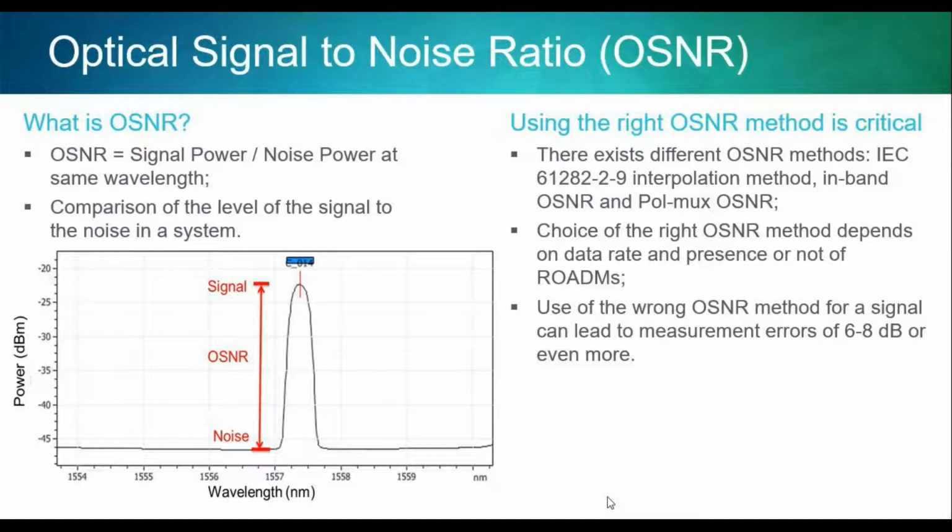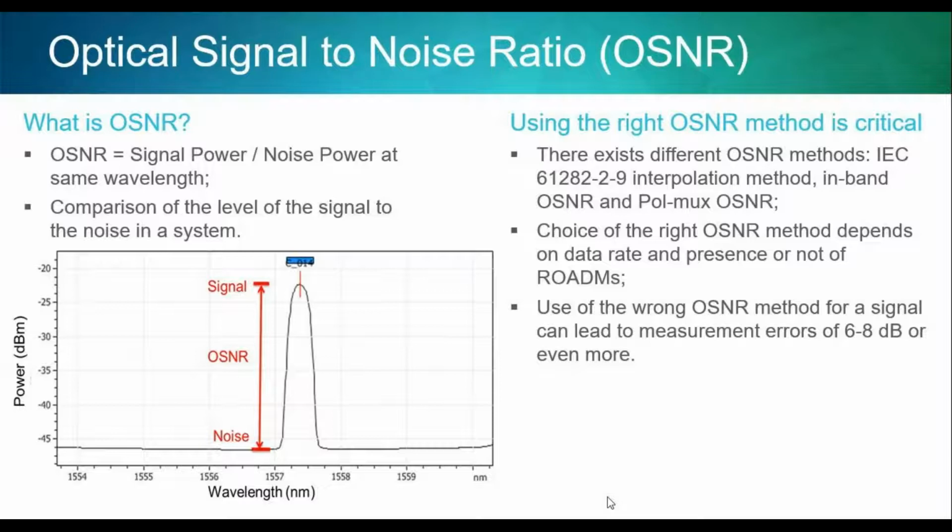All of these things will have an impact on the right OSNR method to use, and we'll go into those in a few slides from now. So there's the typical IEC defined in-band OSNR, the interpolation method, and there's also the polarization-multiplexed OSNR, where we're looking at polarization coherent systems.